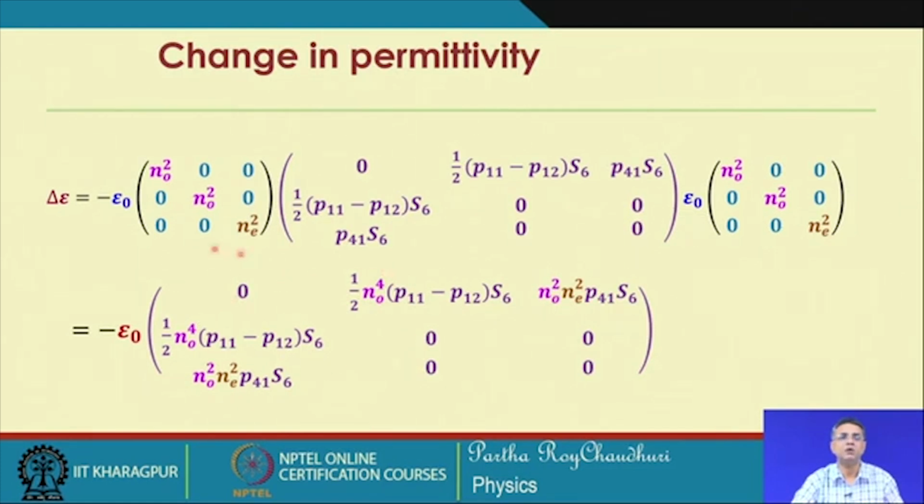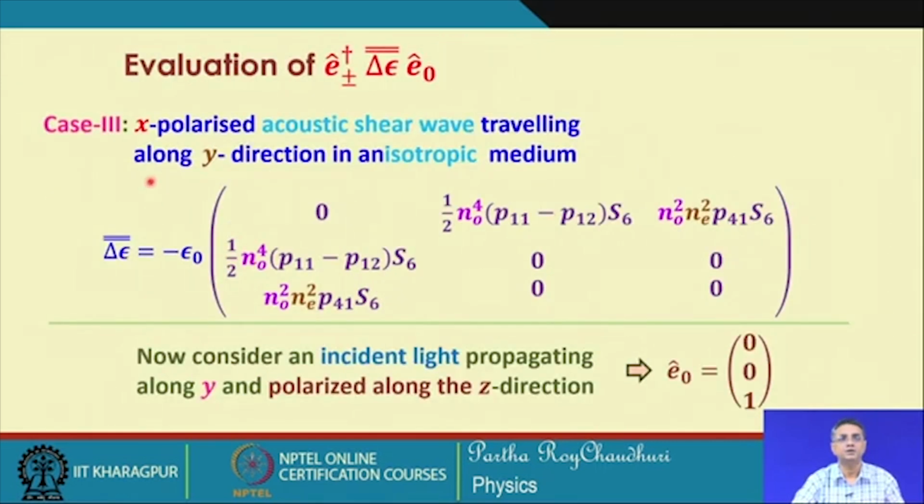So, this is the form of delta epsilon E. Now up to here, we find that this is the kind of change in the permittivity because of this configuration of the acoustic wave, that is, it is x polarized and travelling along y in an anisotropic medium. So, this will be the form of delta epsilon E, the permittivity change tensor.